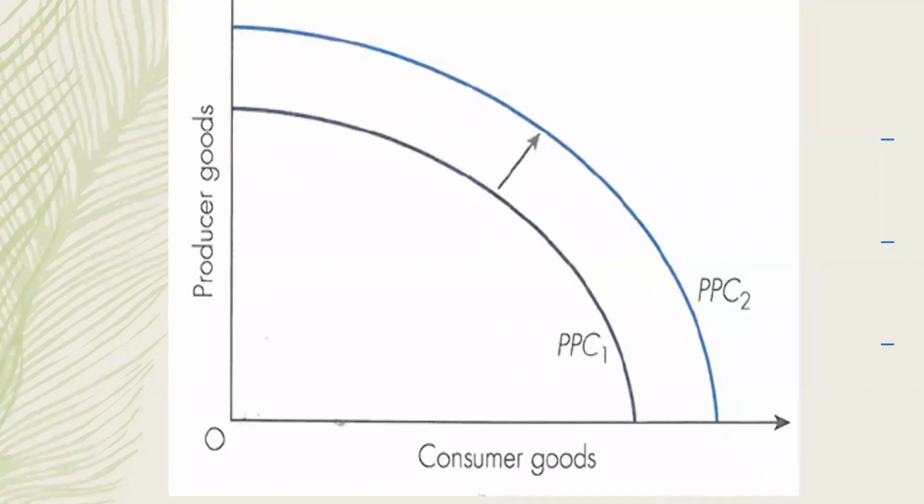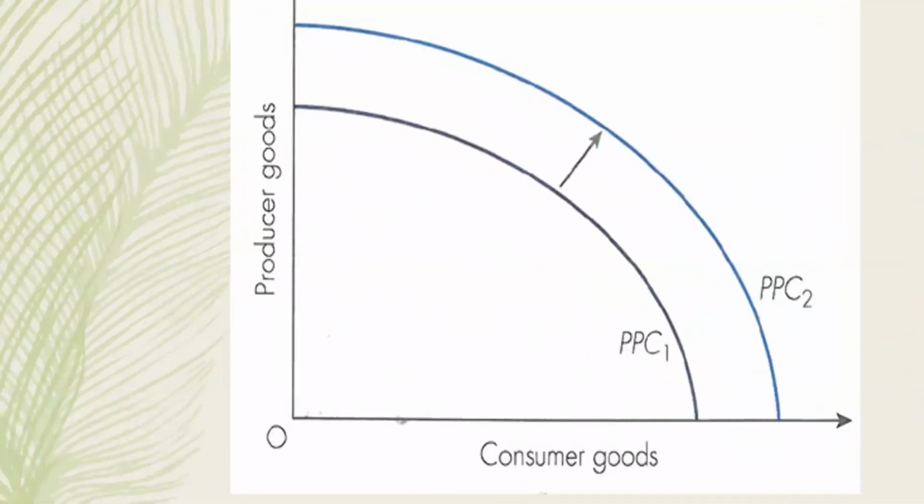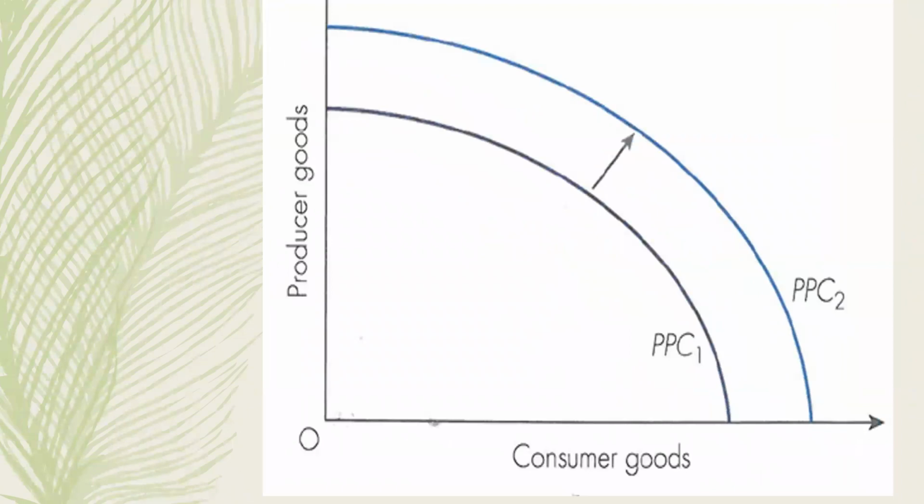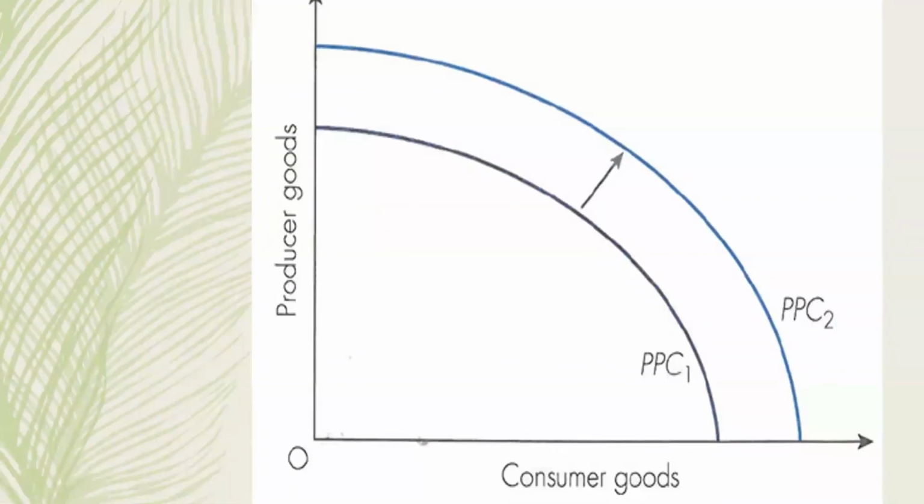I'm moving away from food and putting some new axes here, incorporating other examples on how to draw the PPC. So you can label your axes: producer goods, consumer goods.